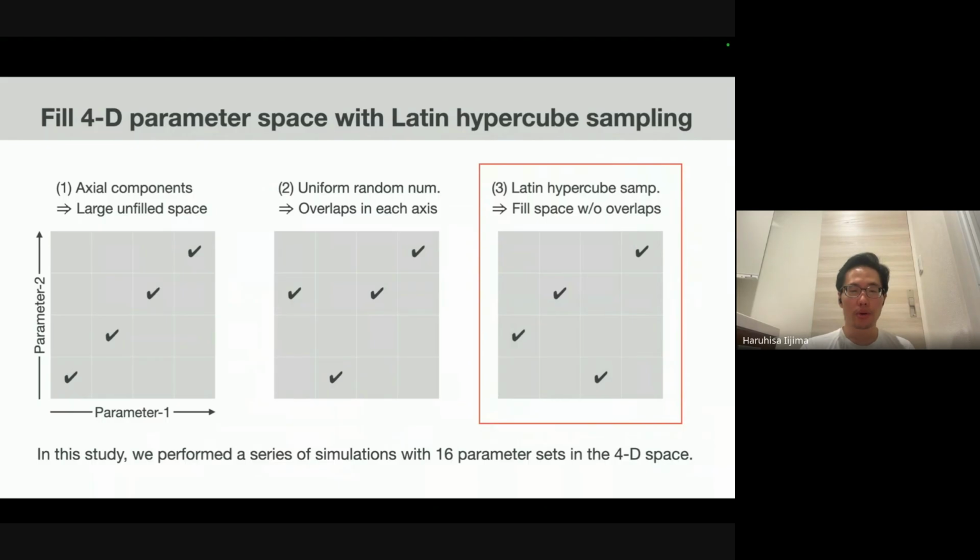In this study, we ran a series of simulations with 16 parameter sets. As a result, we have 16 numerical simulations in this study.